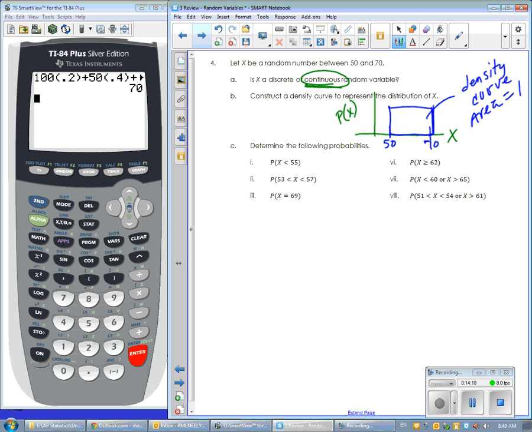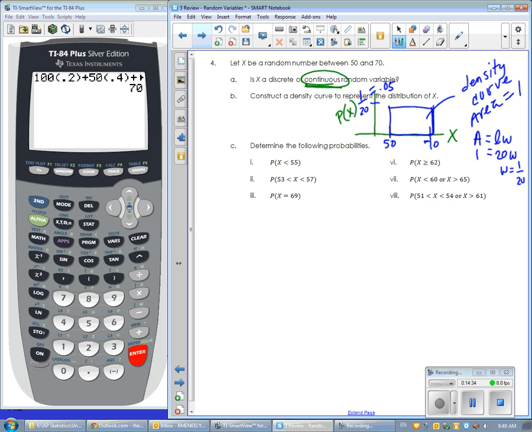And so if I'm trying to figure out the height of my rectangle here, you know that area is equal to length times width. If I know my area is 1 and I know my length from 50 to 70 is just 20, if I solve for the width or the height, whatever you want to call it, I get that that's going to be 1 over 20. So I know this value here is 1 over 20, or 0.05 if you want to look at it that way.